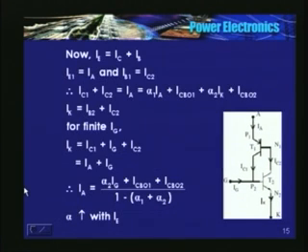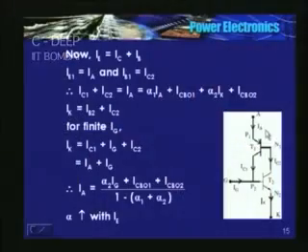Now, we all know that the emitter current is the collector current plus the base current IB. What is IE1? IE1 is equal to IA itself.